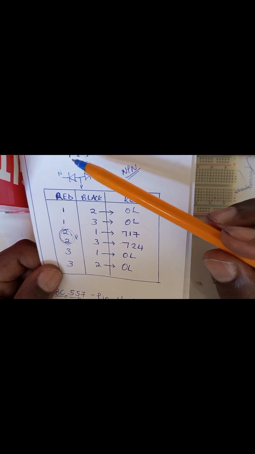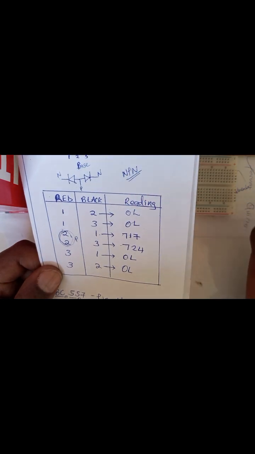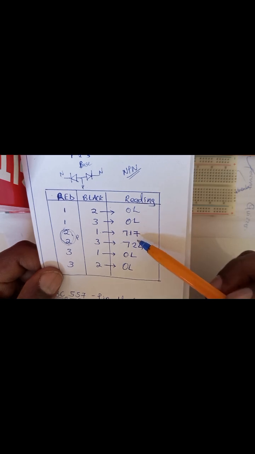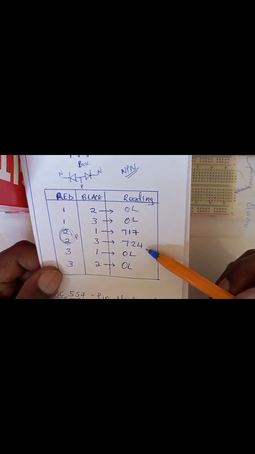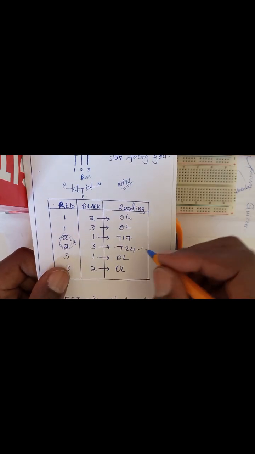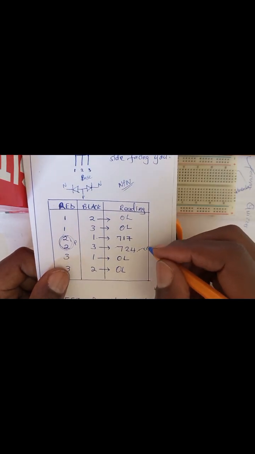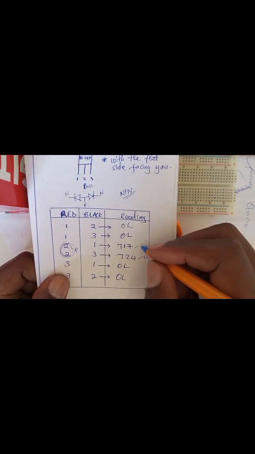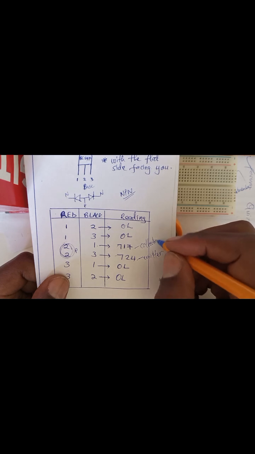In the readings column, one of the readings is slightly higher than the other one. The one which is higher is going to be my emitter, and this is going to be my collector.